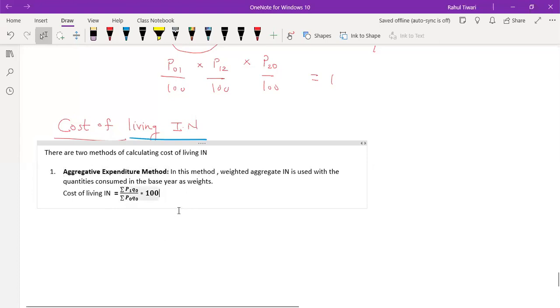The second method is the family budget method.